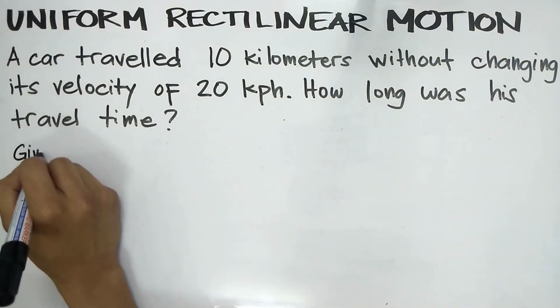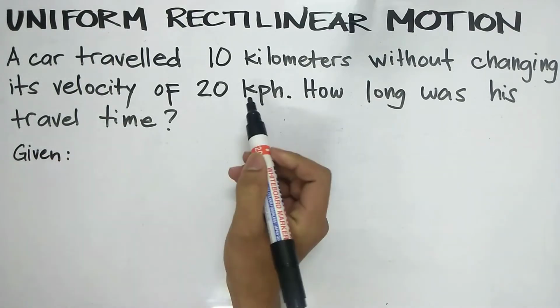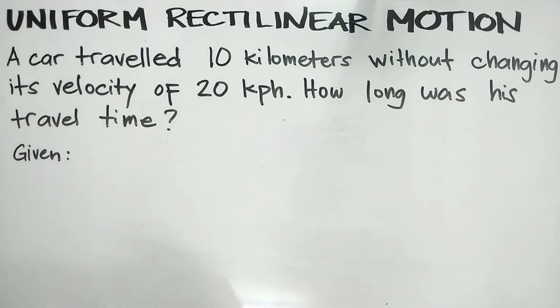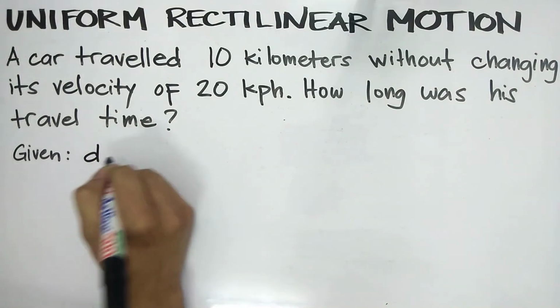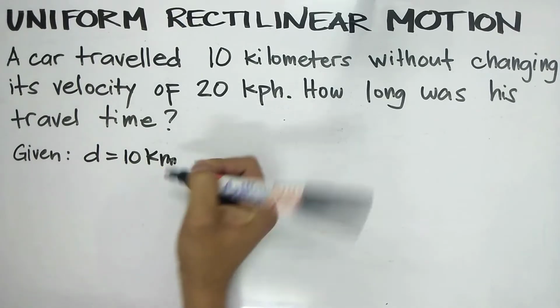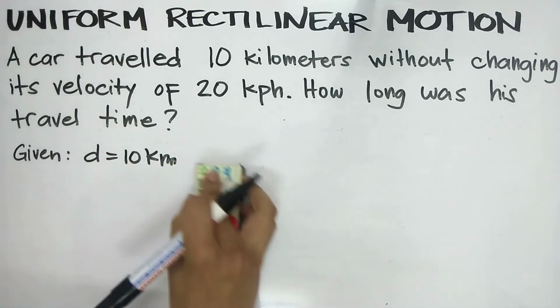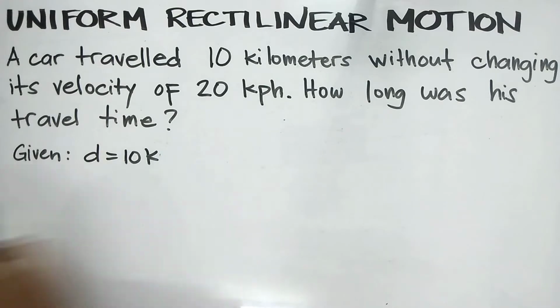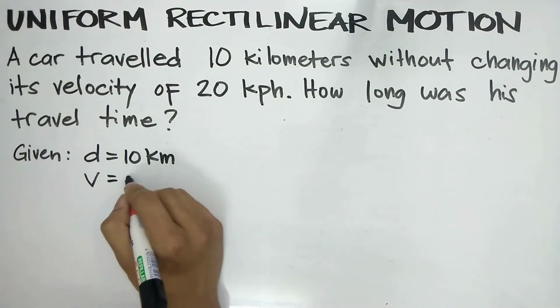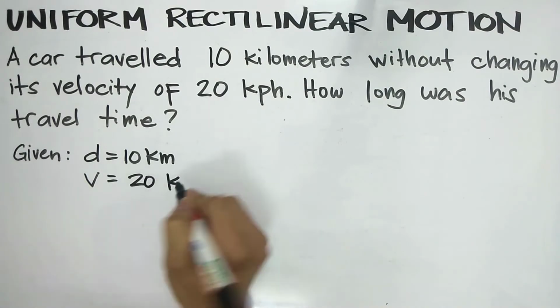So the given values are the distance that he traveled. So he traveled a distance of 10 kilometers. And his velocity is equal to 20 kilometers per hour.